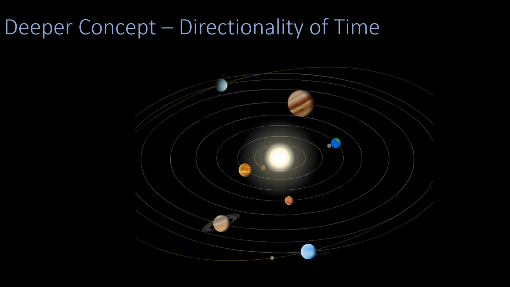So there's a really neat deeper concept here. And so time. How much have you thought about what's going on, what time is? Consider this picture of the solar system.